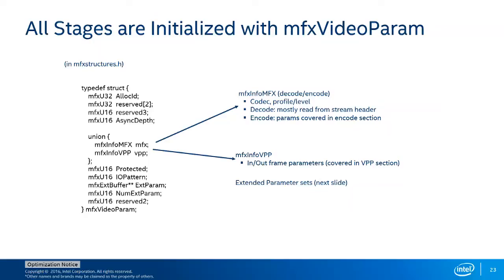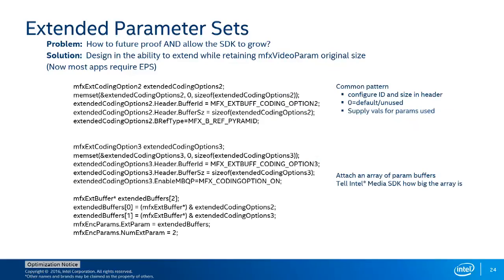Most of the parameters are read in from the stream header, and then maybe the only somewhat complicated bit is using extended parameter sets. I want to mention this because it's pretty common now for new features to be implemented as extended parameter sets. This approach allows mfxVideoParam to stay the same size as Media SDK features grow. So instead of changing the struct between versions, you just attach additional parameter buffers.